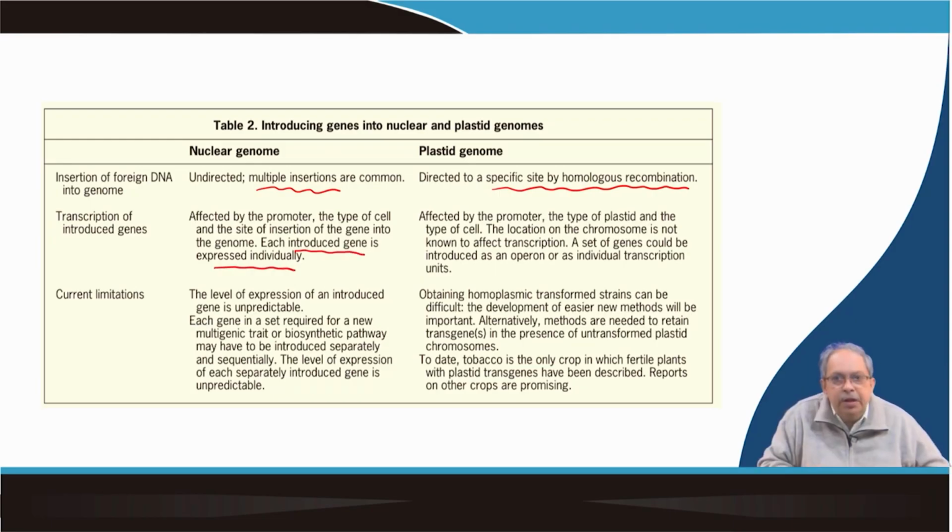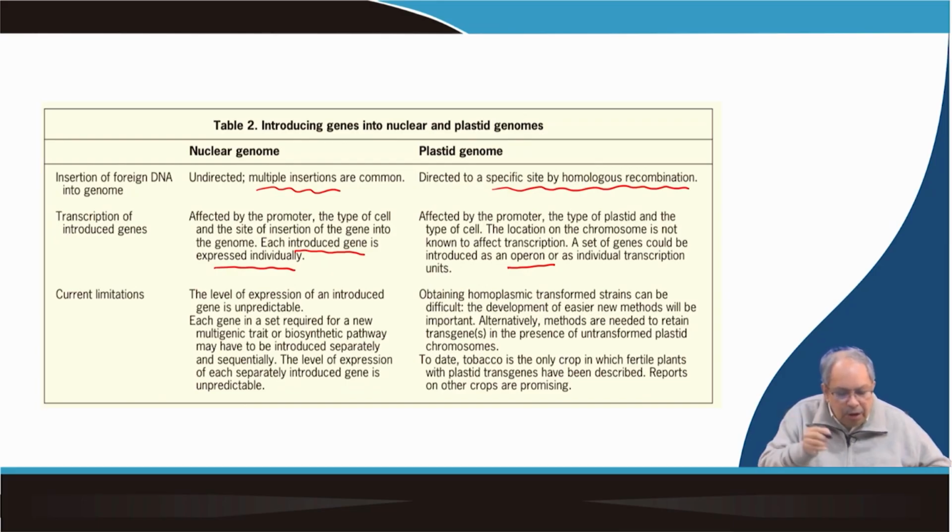That means for each gene you have to put a separate promoter and a separate terminator, whereas the plastid genome is basically prokaryotic type, so it follows more or less an operon concept. Therefore, a single promoter can control the expression of multiple genes in the form of an operon. That is the advantage: multiple genes can be expressed in a relatively easier way in plastids.